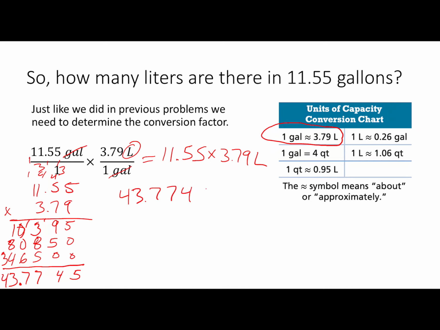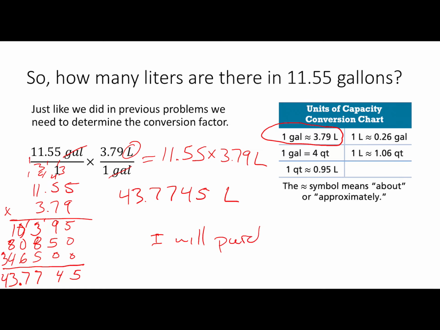Now, so it's 43.7745 liters. Now, remember, I was approximating that I'm going to need to do 3/4 of a tank. It was actually, I had a little over a quarter of a tank left. So I can go ahead and round this down to the nearest tenth.